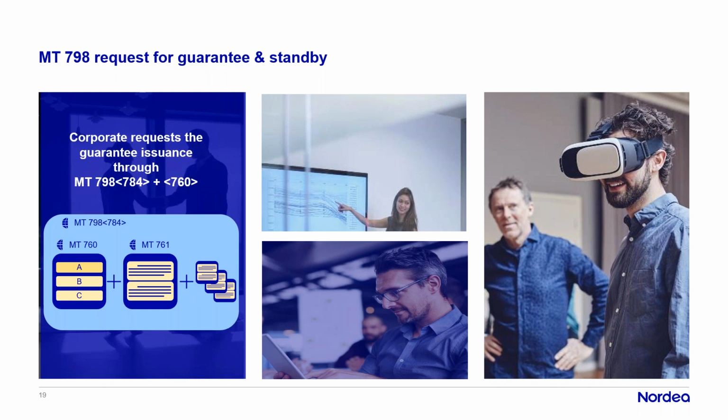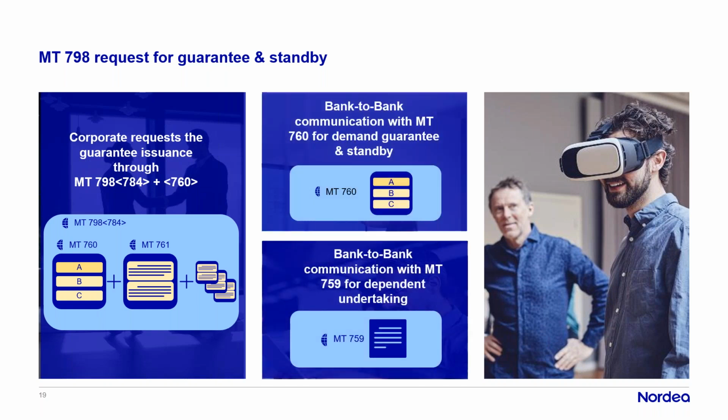As mentioned, if the corporate requests Nordea to issue a demand guarantee or a standby, we will send out an MT760 in the same structured format. But if it is an accessory guarantee which we are to issue through another bank, to advise it through another bank and send it by Swift, then we need to send an MT759.